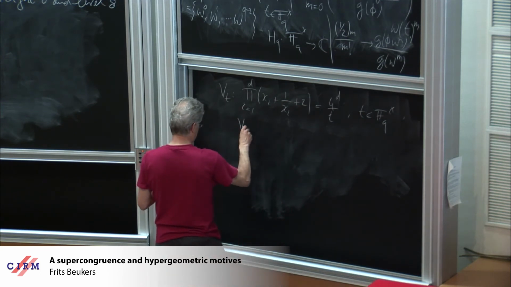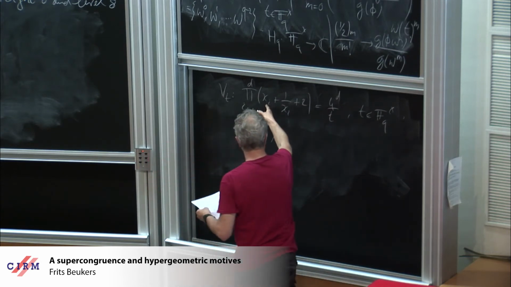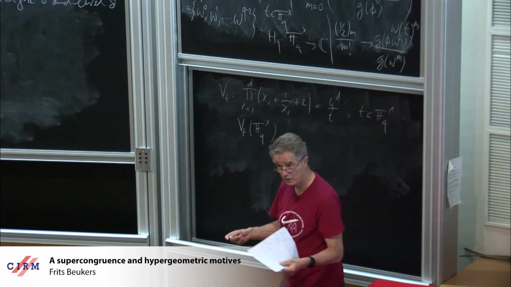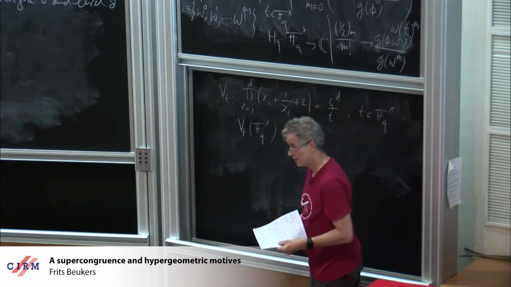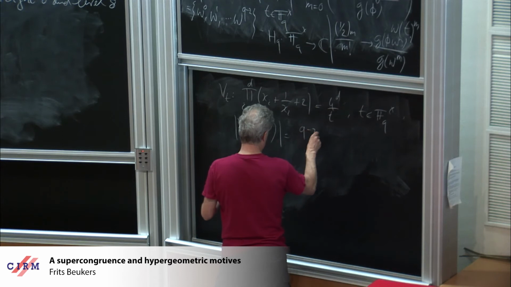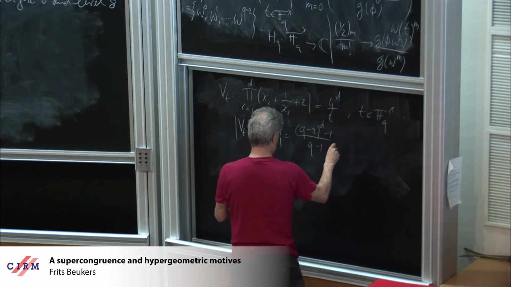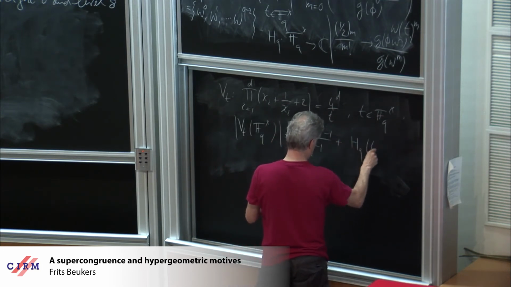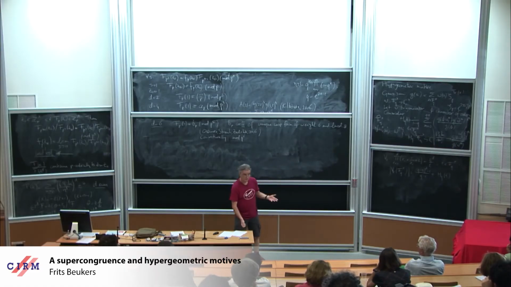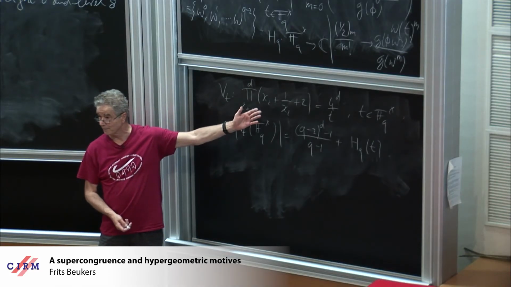So we look at V_t, and the coordinates are, you have a coordinate xi here, you have the inverse coordinate, so we'll be interested in coordinates which are non-zero, so we're going to be interested in the Fq star points in this way. And if you count the number of Fq star points, it turns out that this is precisely equal to (q minus 1) to the d minus 1 divided by q minus 1 plus Hq of t. So this finite hypergeometric sum occurs basically in a point counting procedure for this particular algebraic variety.